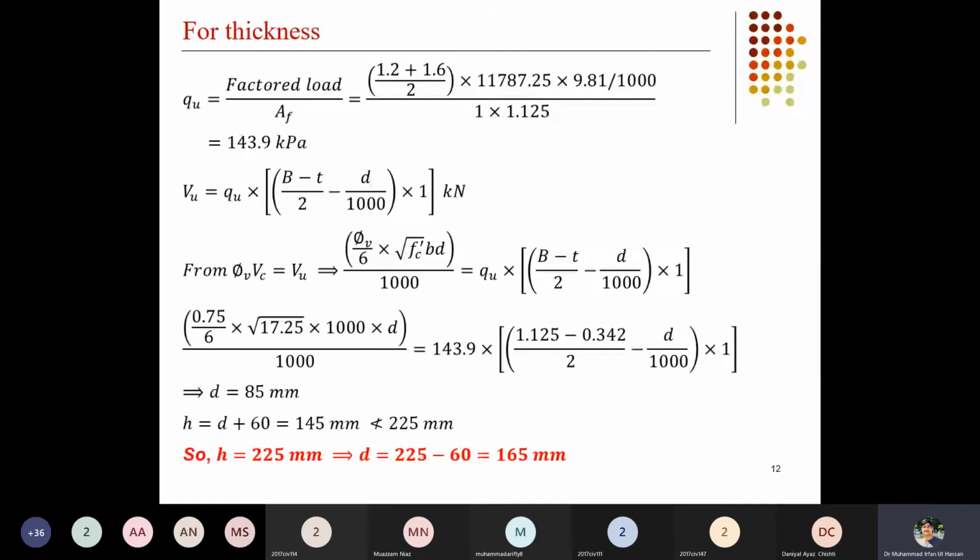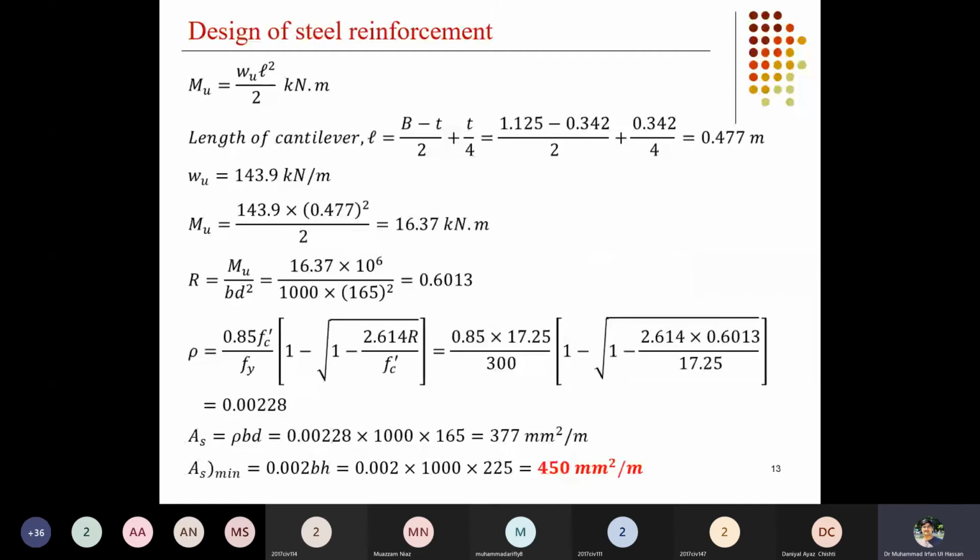And then you go for the steel reinforcement. The steel reinforcement is WU, the total load, into the projected span. This is similar to the isolated footing, but it is on one side only, because we are designing it for the unit width.